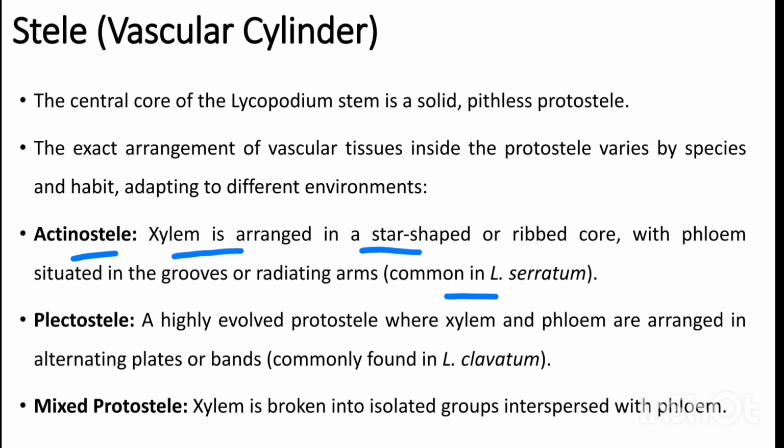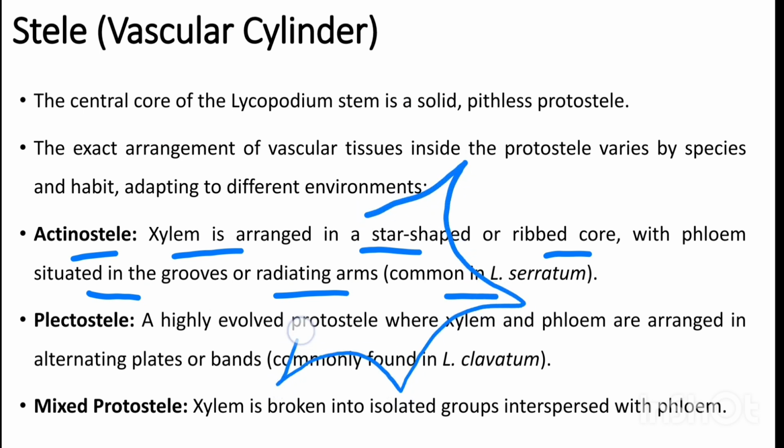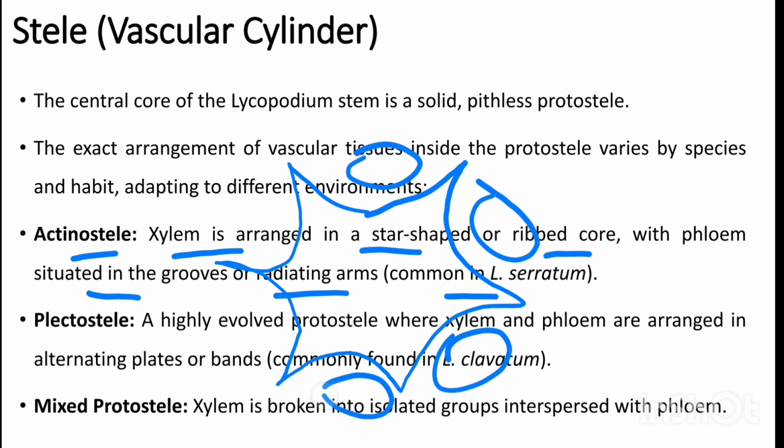Xylem is arranged in a star-shaped or ribbed core with phloem situated in the grooves between the radiating arms. That is called the actinostelic condition, where the xylem is arranged like this and phloem is placed like this.